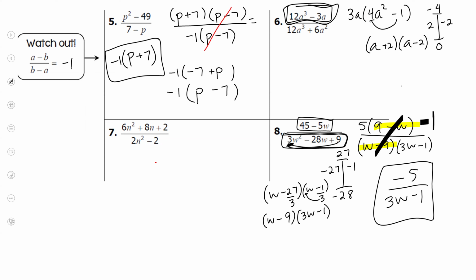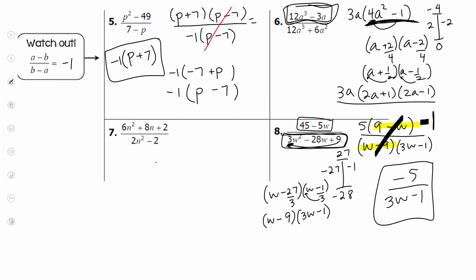We multiplied by 4 in the beginning, so that is what we will divide by. So we have a plus a half and a minus a half. The denominator comes to the front, so we'll write this as 2a plus 1 times 2a minus 1. That's how you factor this part right here. Don't forget the 3a that's on the outside. So this is your entire numerator.